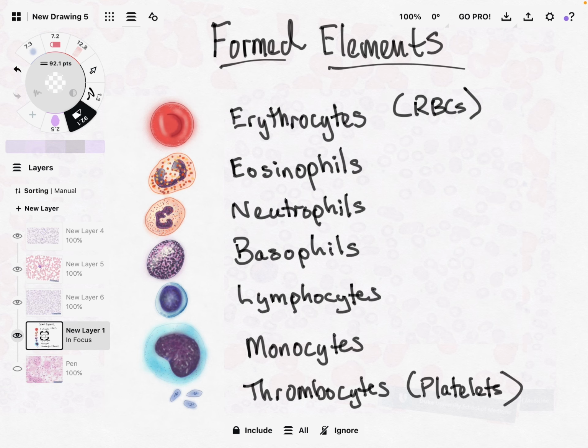Monocytes. Monocytes have a little bit of an indentation. In some cases, you might mistake them for something like an eosinophil. You would think, okay, it looks very bilobed. So it has a little bit of an invagination or an indentation in the nucleus. It also has a very large nucleus compared to the cytoplasm. And they're going to be the biggest cells that you're going to be looking at. So monocytes are the largest of these white blood cells.